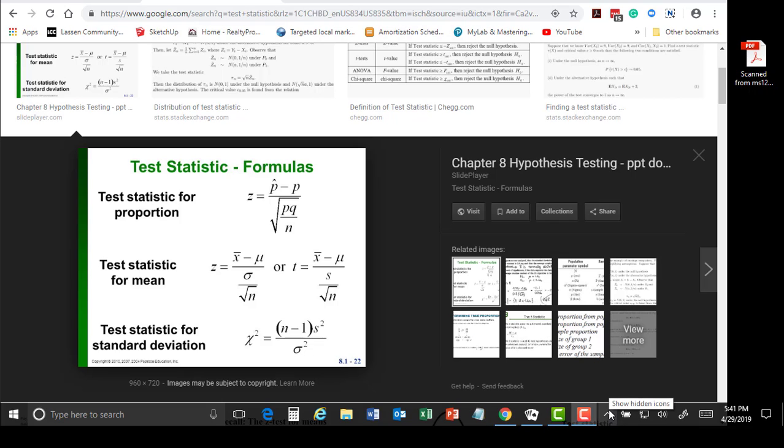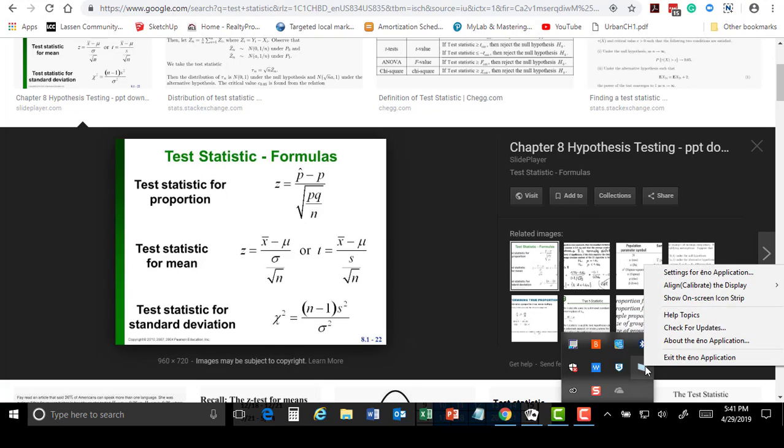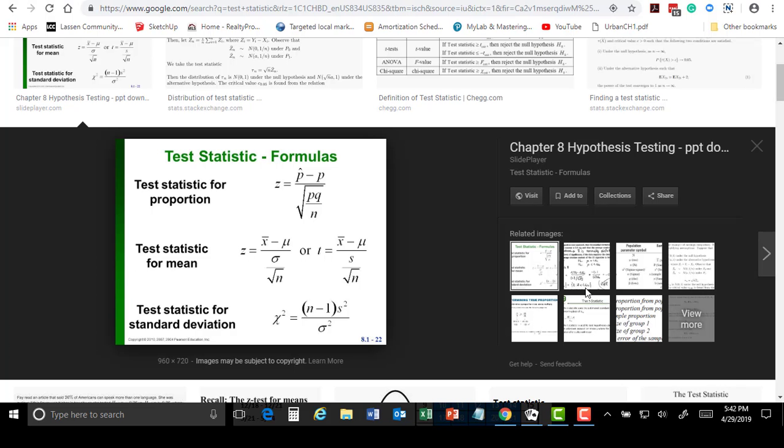Okay. Let's see. Let me make this bigger. All right. So let's go back. Try that again. This corner here is where I messed up.